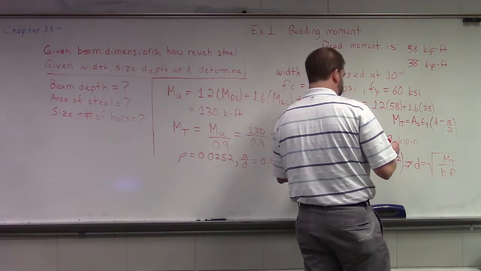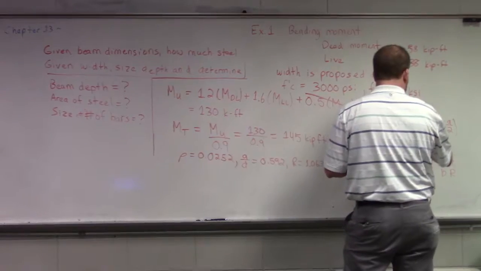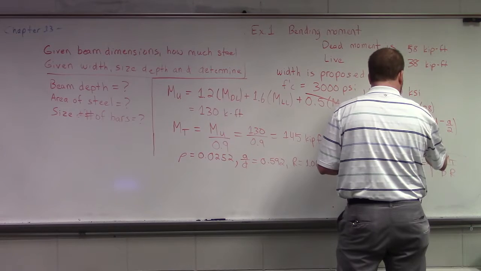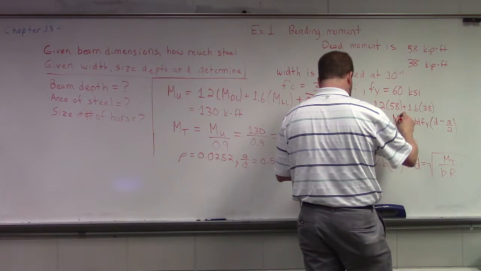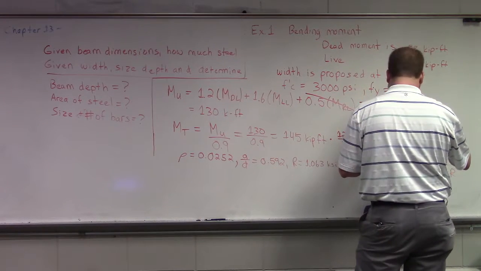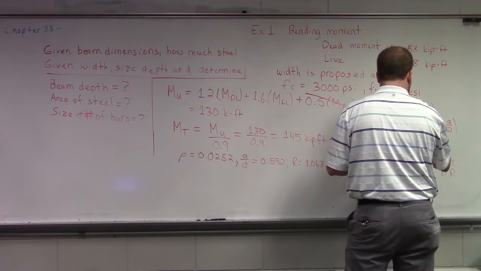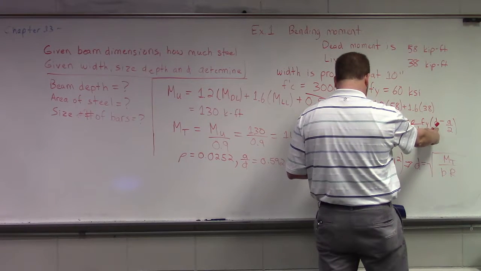If we jumble a bunch of this stuff around, that's row over B D. We can pull a D out of here, so you get D squared.